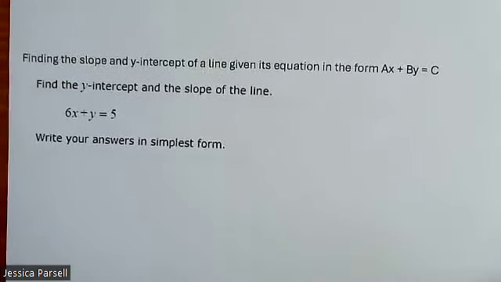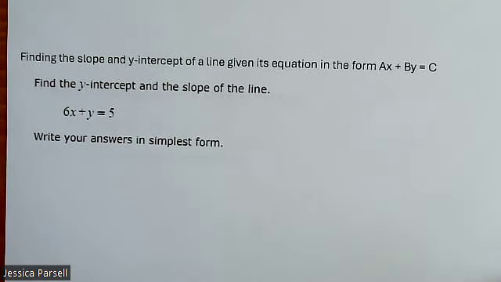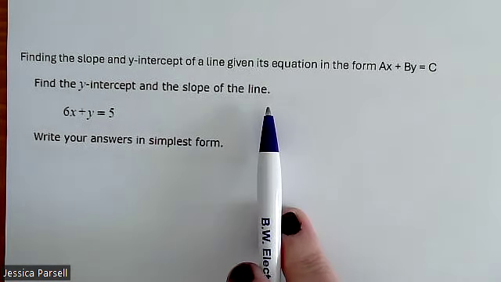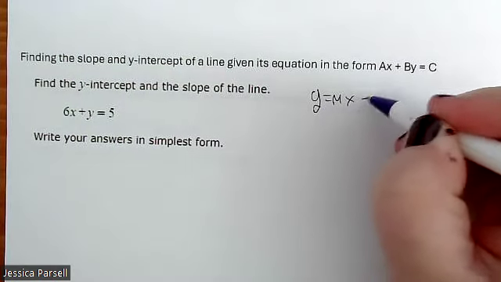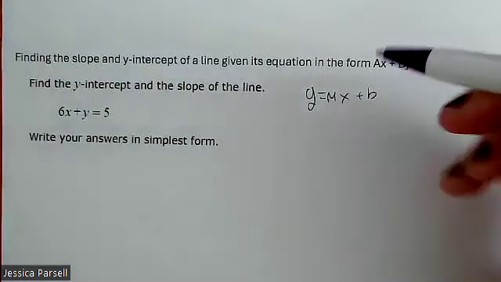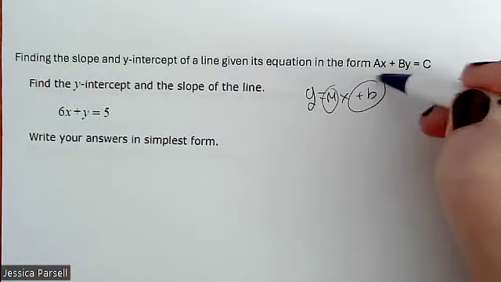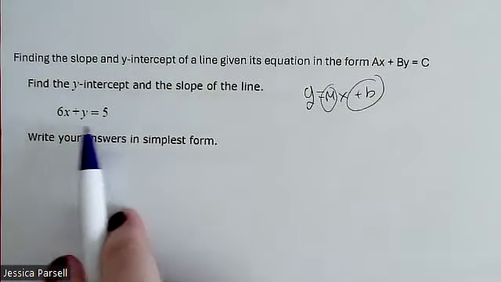Okay, find the slope and the y-intercept of a line, given that it's written in what's called standard format. Find the y-intercept and the slope of the line. Okay, this is not written in y equals mx plus b format, which would be nice because the slope is here and the y-intercept is here. This is not written that way.